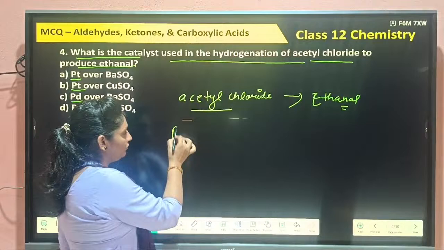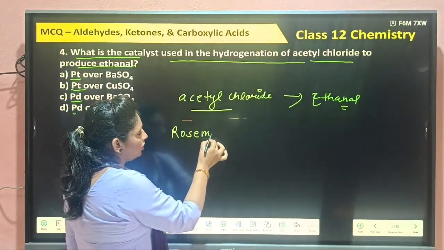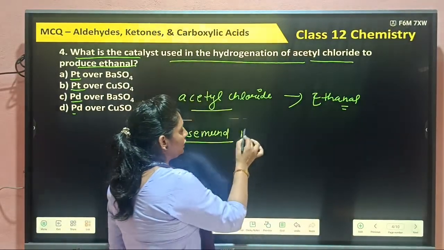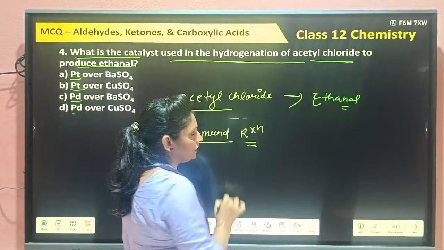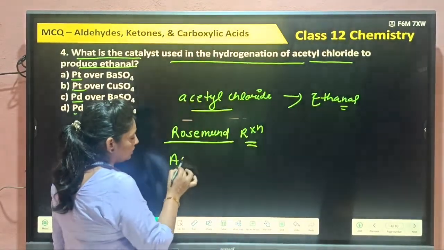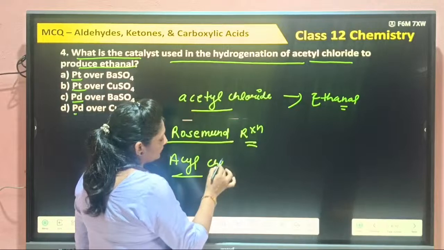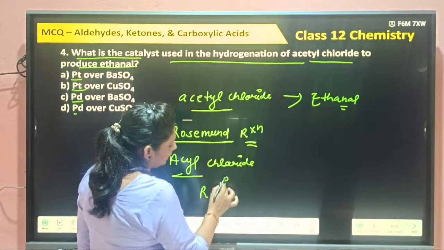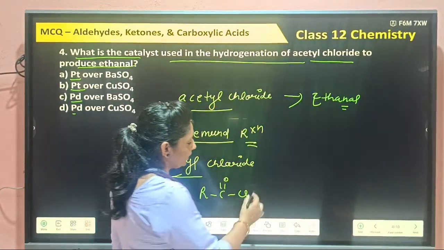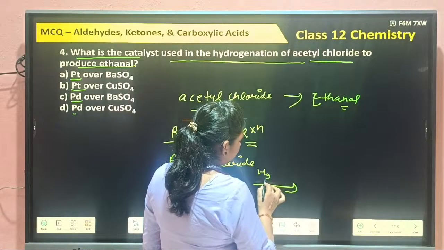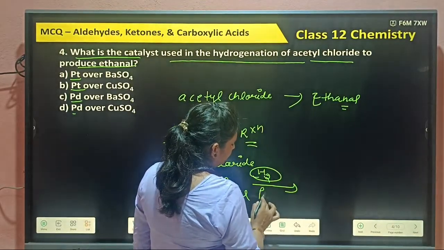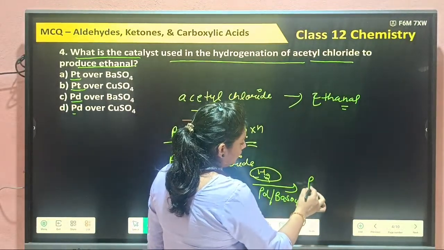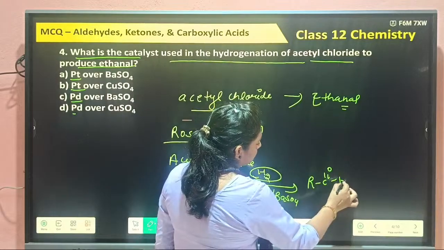Students, we have done one reaction that is used only for preparation of aldehyde, known as the Rosenmund reaction. In the Rosenmund reaction, acyl chloride, RCOCl, undergoes hydrogenation in presence of palladium over barium sulfate, and it gives us aldehyde.